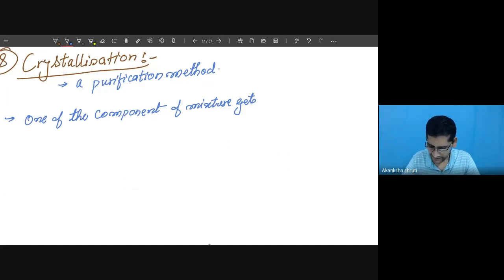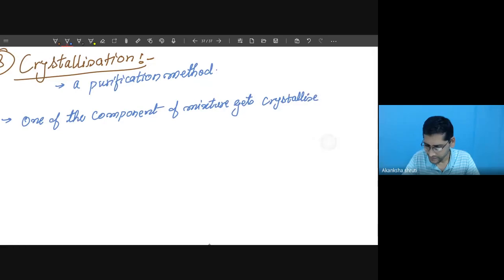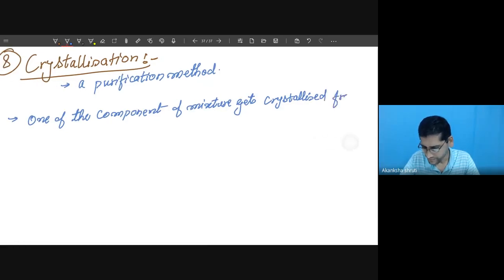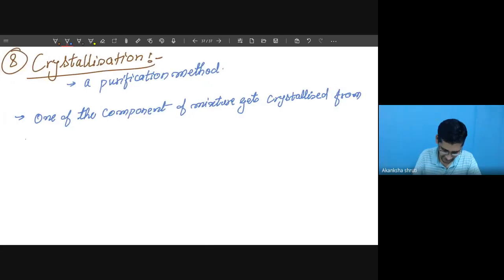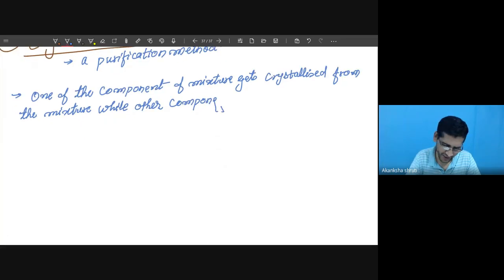It gets crystallized from the solution or from the mixture, while the other component remains in the mixture.